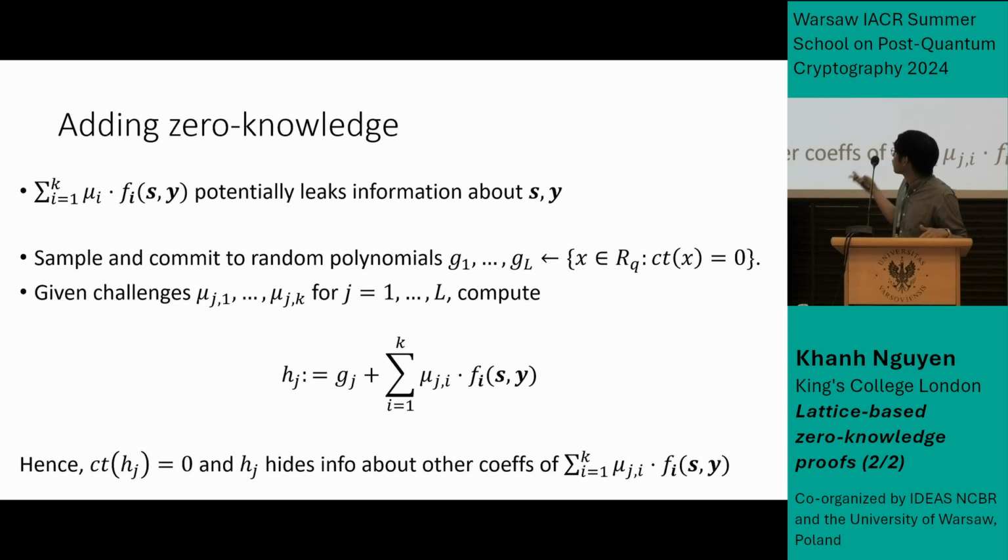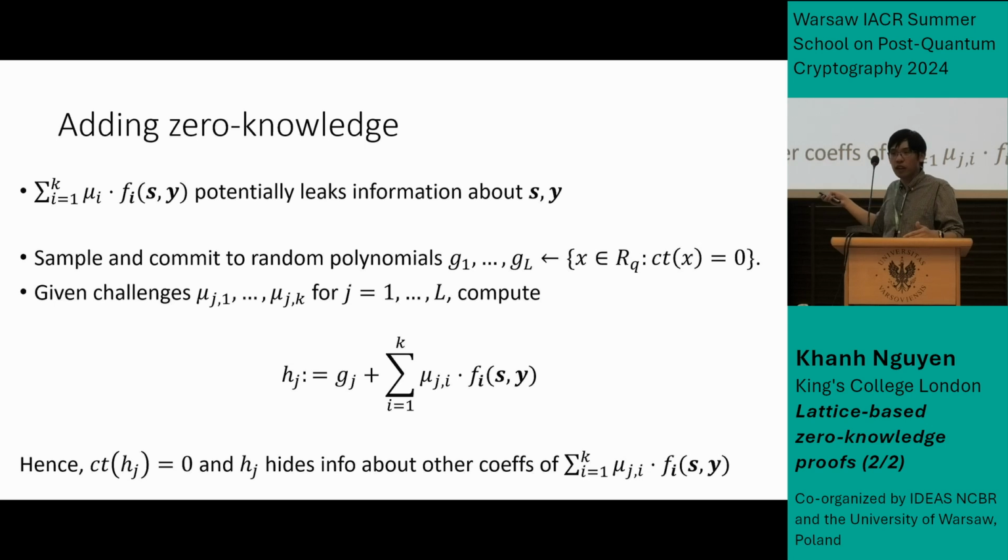I will make sure that my mask also has constant term equal to 0, so it doesn't mess up the constant terms. But for other coefficients, I will mask. So I will pick uniformly random ring elements with constant term 0. And now, given these challenges mu jk, I will send the linear combination plus my mask.